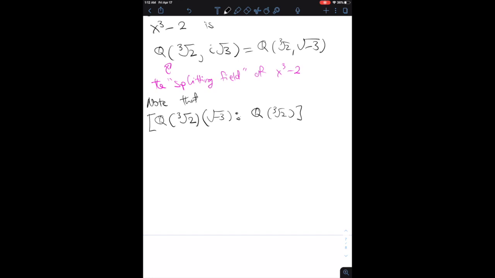We proved we could do this in the previous lecture. So the field that we get by adjoining these two numbers over Q has degree 2 over the field Q adjoin cube root of 2, since the square root of minus 3 has a minimal polynomial.